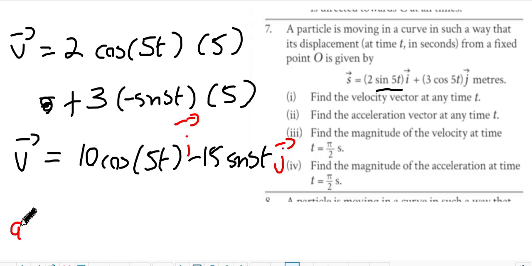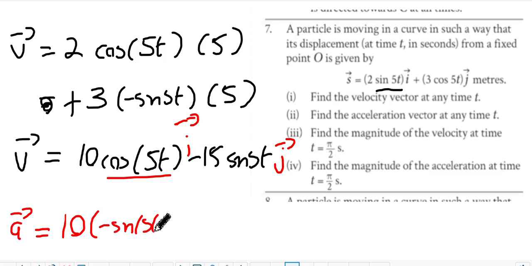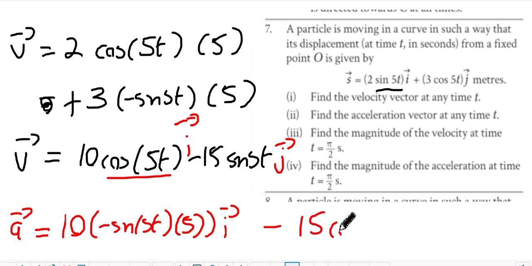Find the acceleration. No hassle, I'll differentiate again. Alright, leave the 10 alone. What does cos 5t turn into? Then differentiate the angle. And there is an i there, isn't there? And what about the next section? 5t, and then another 5 for differentiating the angle.